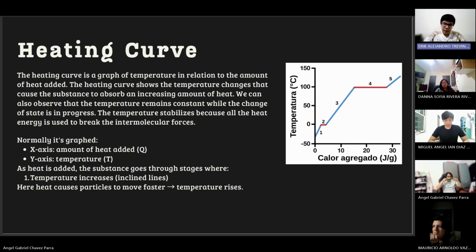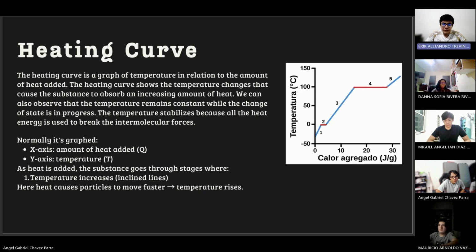Normally, it's graphed like this image right here, and it's two things. The x-axis is the amount of heat added, and the y-axis is the temperature.